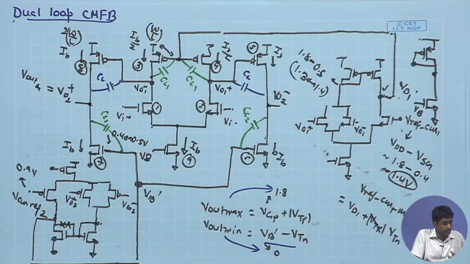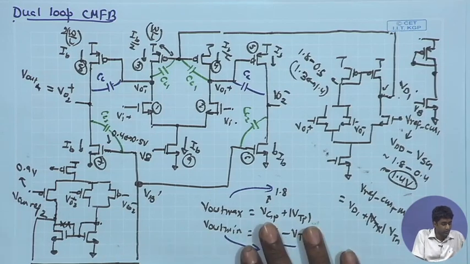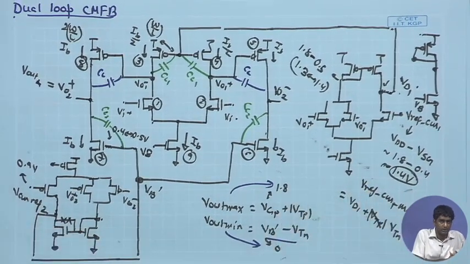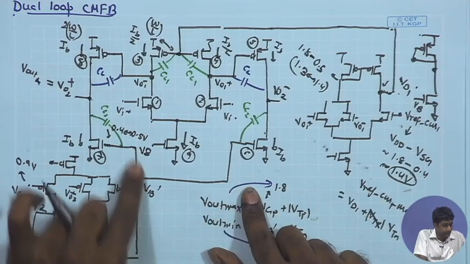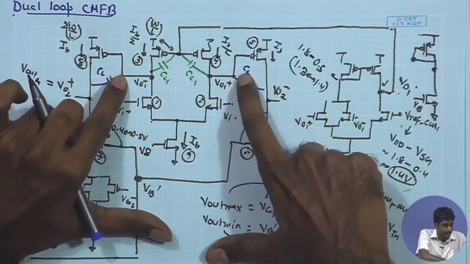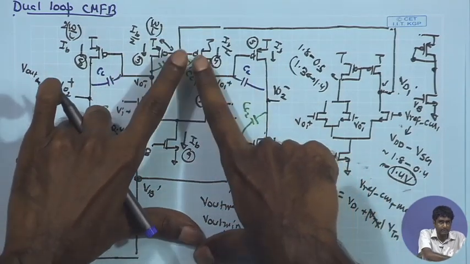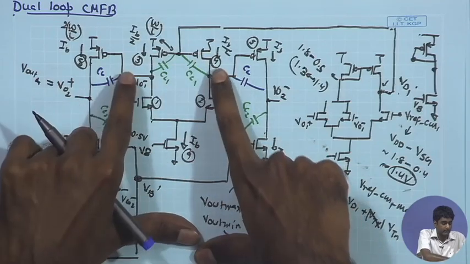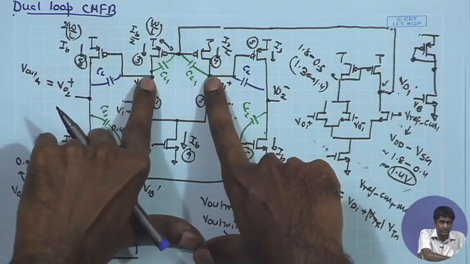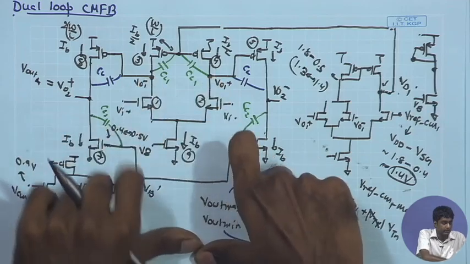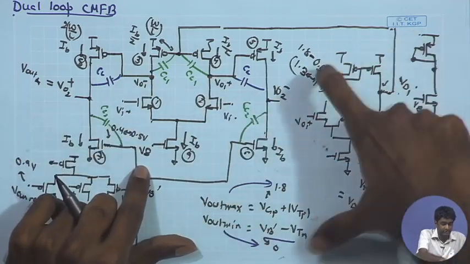So, if I likewise look at the second loop, once again the DC point over here is being determined by the first stage, and we are assuming that this DC potential over here is fixed relatively, and that is dictated by the first common mode feedback loop.